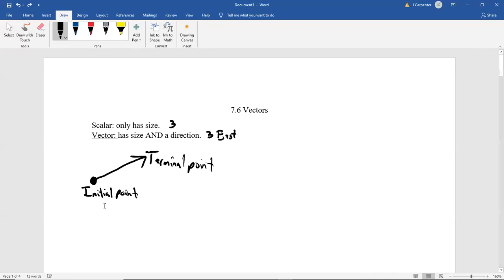All right. So we can find the magnitude, which is also known as the length of the vector, by the Pythagorean theorem. We know the directional components.